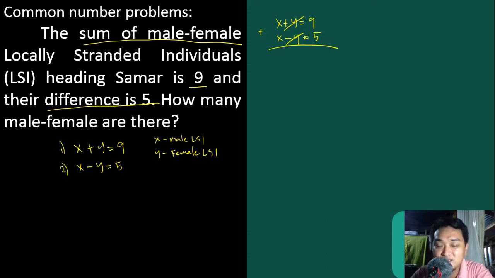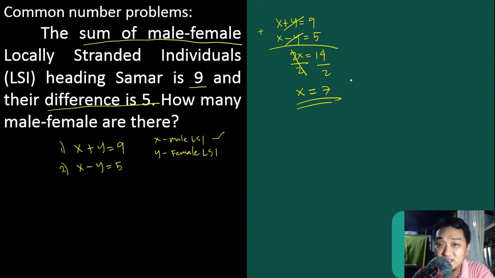Instead, let us just add the rest of the terms. So x plus x is 2x and 9 plus 5 is 14. And then let us divide both sides by 2. 2 divided by 2, cancel. So we have x is equivalent to 14 divided by 2 is 7. Meaning, the number of male LSI is 7.